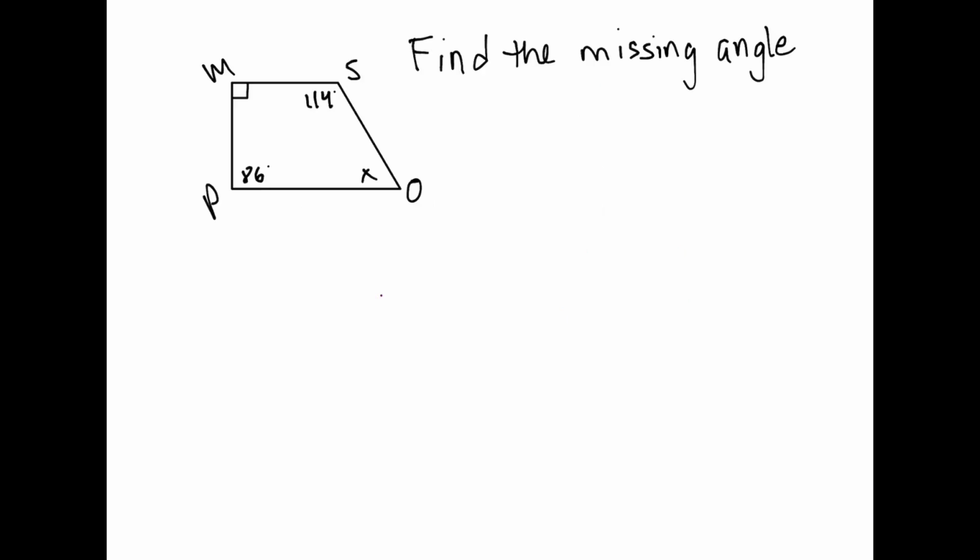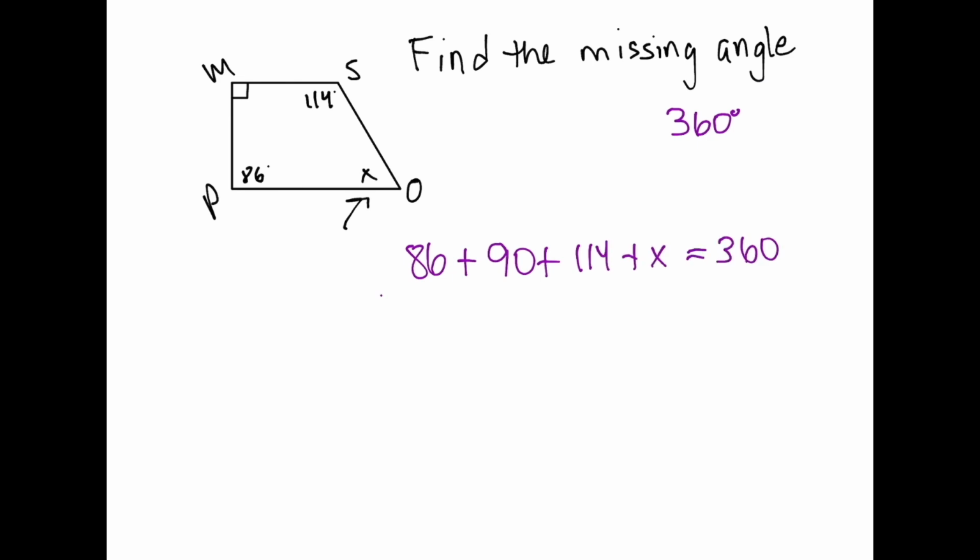Now that we know the types of regular quadrilaterals, let's find missing angles in quadrilaterals. This question says to find the missing angle. So we're looking for this angle here. A quadrilateral has a total or a sum of 360 degrees. So we can say that 86 plus 90 plus 114 plus x, which is the one we don't know, equals 360.